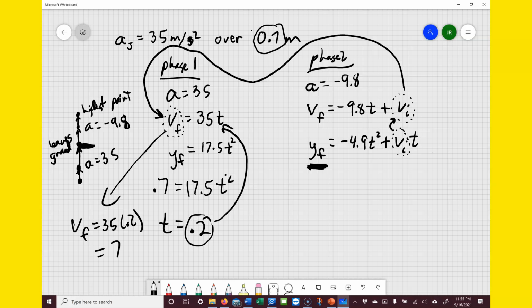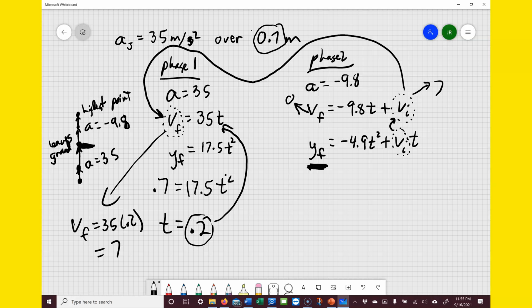Now let me go back over to phase 2. This v i is 7. And this v f, do I know that? Yes, I do. Because that final velocity at the highest point is what? At the highest point, that velocity is 0.